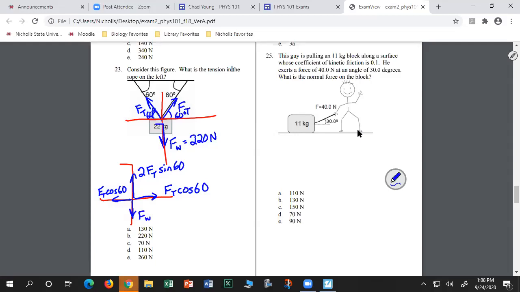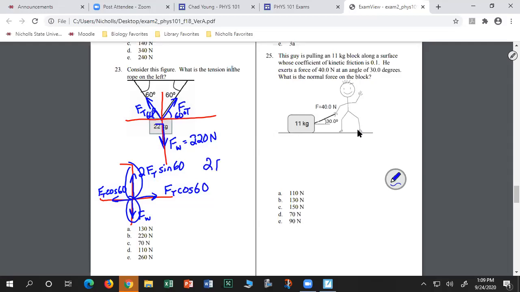If I want to know the tension, the great thing about static problems is I can just say these forces have to equal these forces, because 2 Ft sine 60 minus Fw has to equal 0, because it's static, not moving or accelerating.